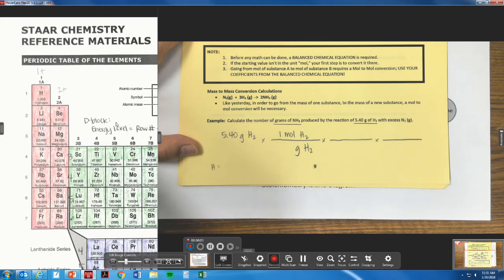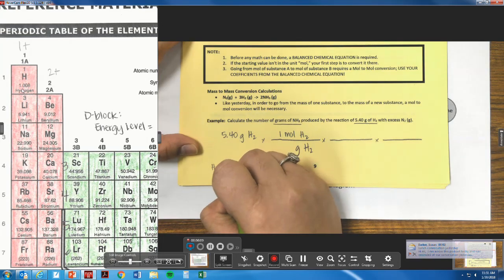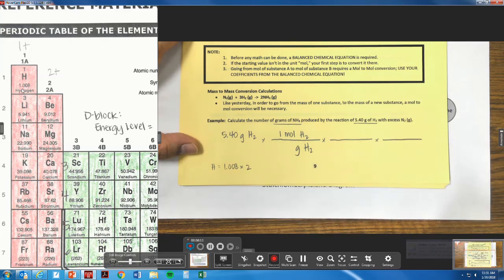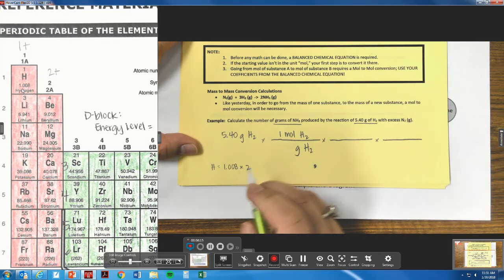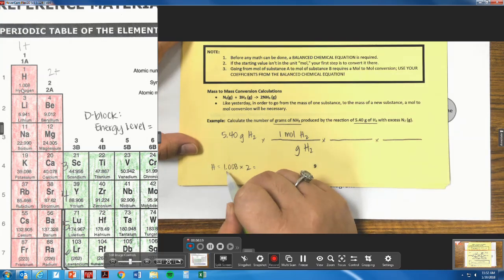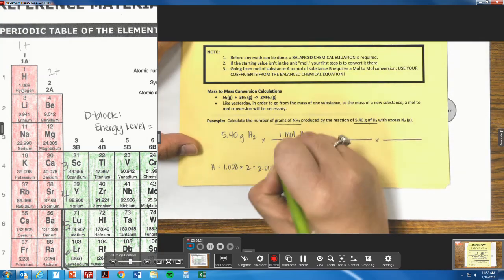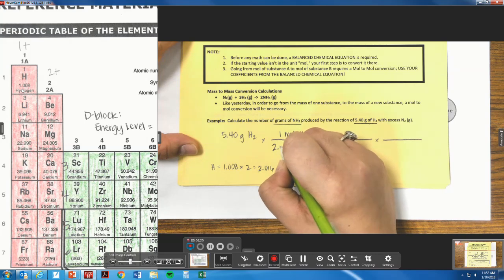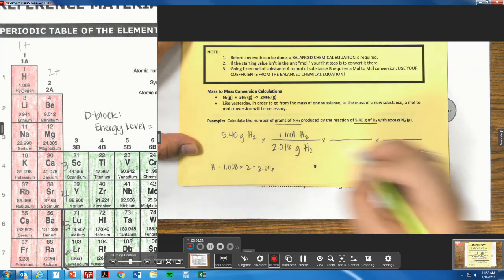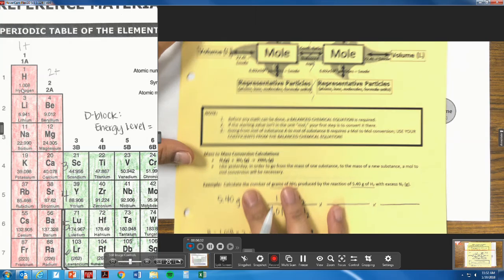Hydrogen has an atomic mass of 1.008, and we have 2 hydrogens. 1.008 times 2 is 2.016. So my molar mass is 2.016 grams for hydrogen. Now, my second conversion factor, right?